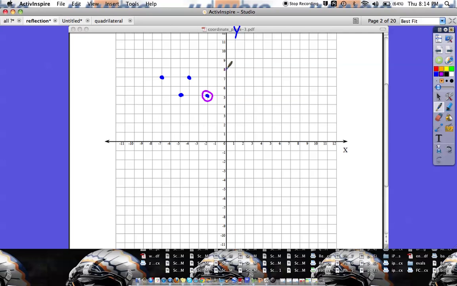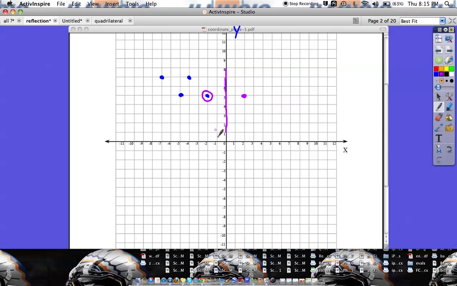I need to make sure that my point, and I'd always like to draw that in there just to really reinforce where that line is I'm reflecting it over. I need to make this point the same distance from this line on this side as it is on this side. So if you'll notice, it's 2 away from the reflection line. So on the other side, I need to make it 1, 2 away from the reflection line.